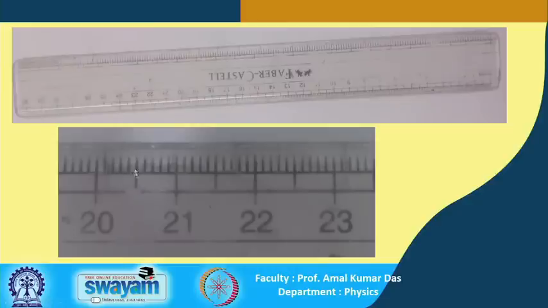In between there are 10 divisions. So, this is 1 centimeter, and in that there are 10 divisions. So, each division is 1 millimeter. So, the least count of this tool is 1 millimeter, right.